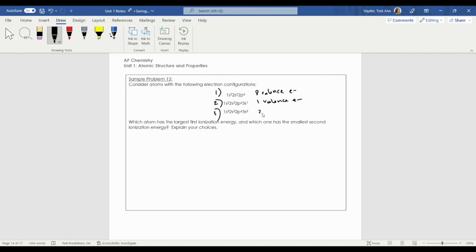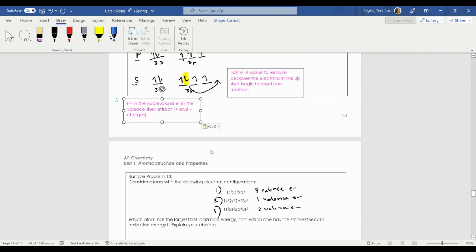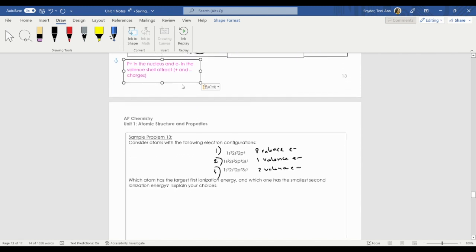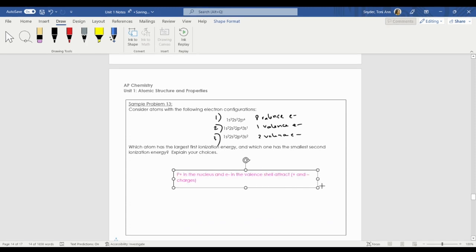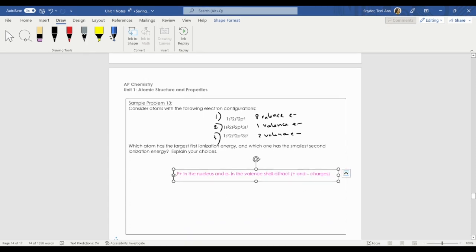And for number 3, I have 2 valence electrons. So based on how many valence electrons it has, we can identify which one would have the largest first and which would have the largest second. So let's go ahead and start to identify each of these.